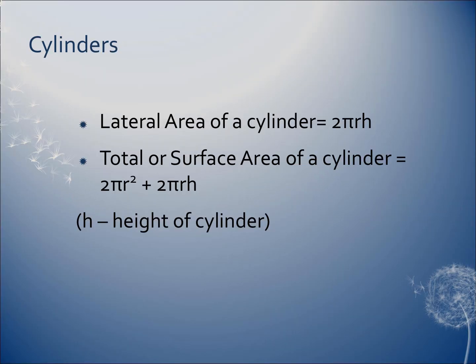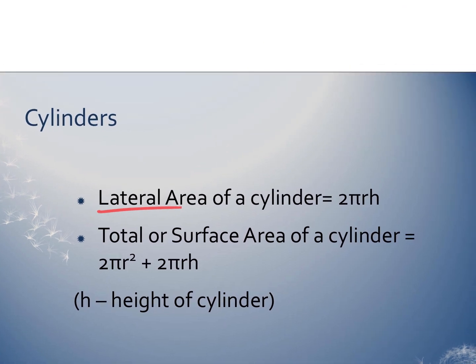Now, there's something called a lateral area of a cylinder. How I like to teach it is I want you guys to draw a cylinder up at the top of your page. And someone give me a real life example of something that's in a cylindrical casing.